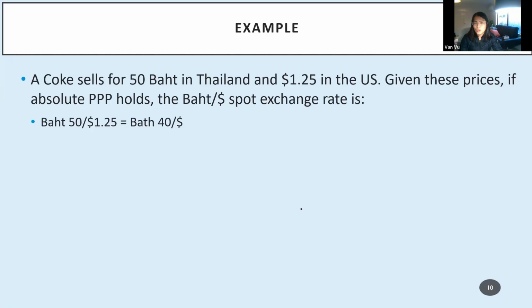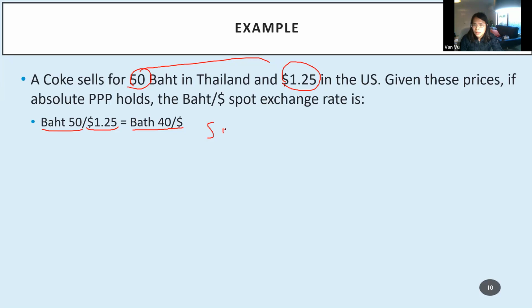So here, assuming that the law of one price holds, that means 50 baht will be equal to $1.25, okay? So one Coke in Thailand is worth 50 baht and it's worth $1.25 in the US, and therefore these two should be equivalent, okay? Because they are equivalent, I can work out my exchange rate using this formula here.